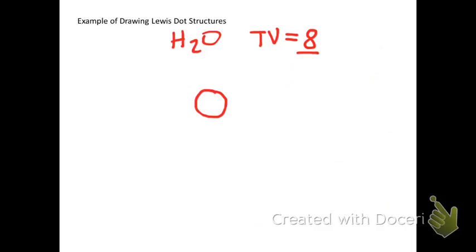All right? And so then step 3 says that we need to bond the rest of the atoms around the central atom using 2 dots to represent a bond. So 2 dots represents 1 covalent bond for one of the hydrogens, and another 2 dots to represent the other covalent bond.